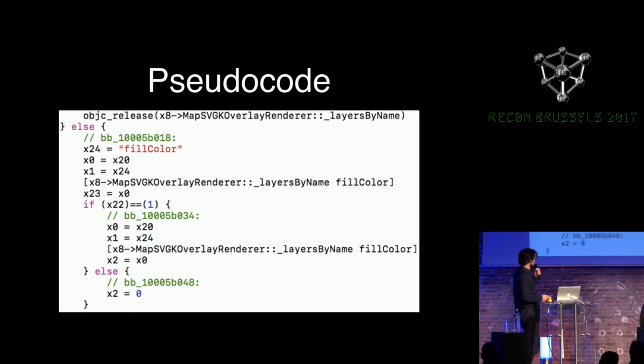When the application uses Swift, its binary contains both Objective-C and Swift functions, and during the binary translation, we determine which language each function is written in, and we propagate this flag to the pseudocode. So depending on this flag, we use Objective-C or Swift pretty printing.